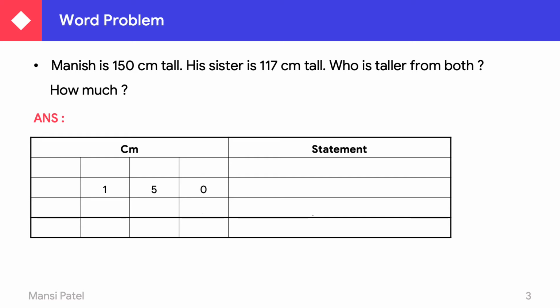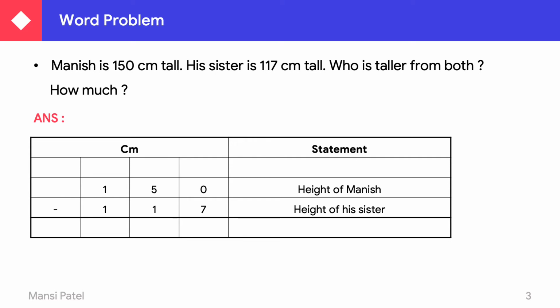This 150 centimeter is the height of Manish. Now we have to do subtraction. Subtraction of what? His sister's height. And the height of his sister is 117 centimeter. This 117 is the height of his sister.